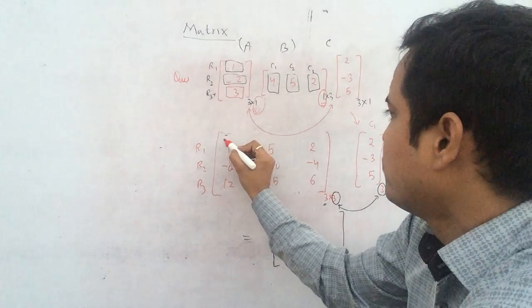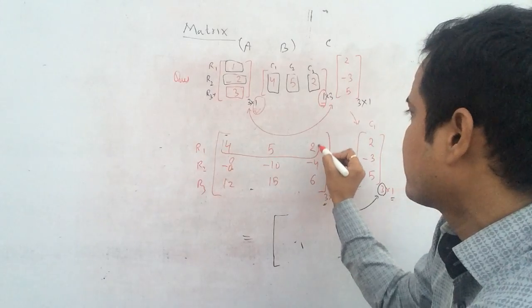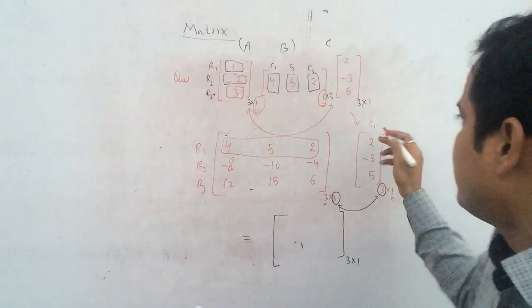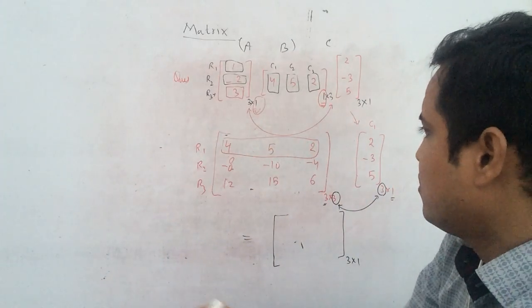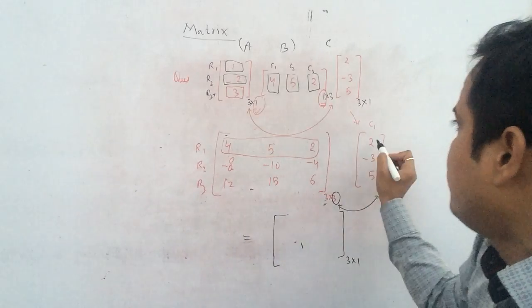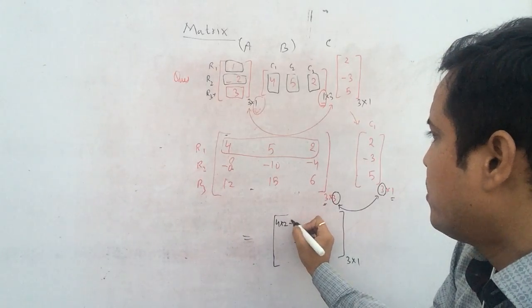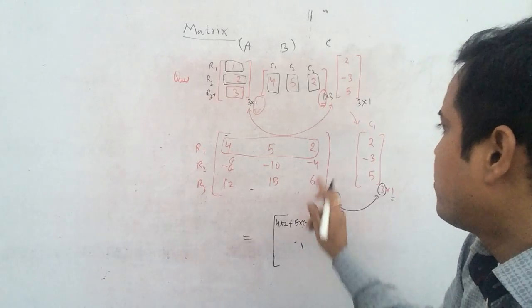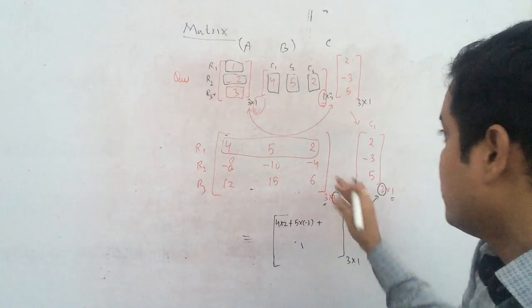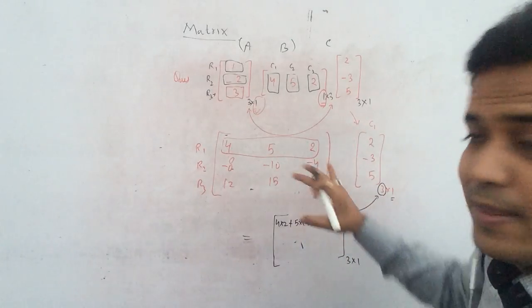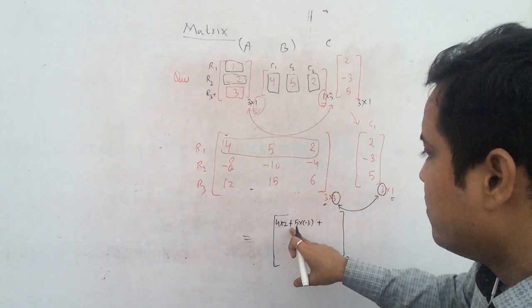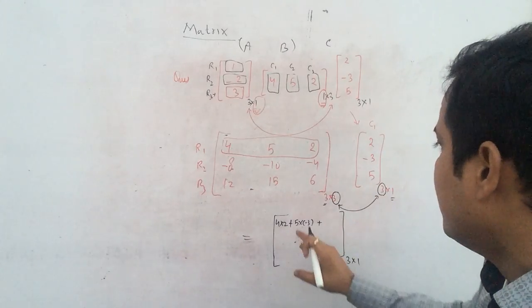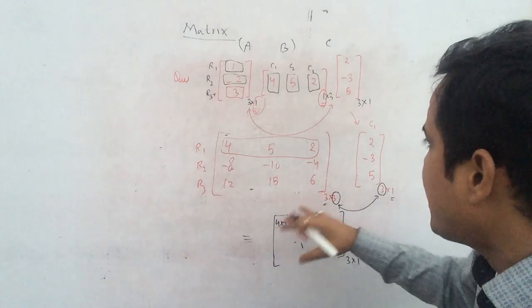Row first will be multiplied with column first. How? 4 into 2 plus 5 into minus 3 plus 2 into 5, because in the first column there are many elements. That's why we are applying plus in between, multiplying and adding.